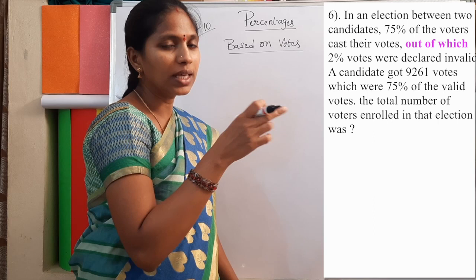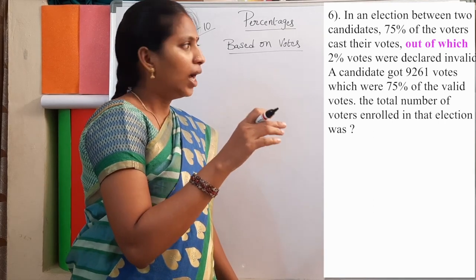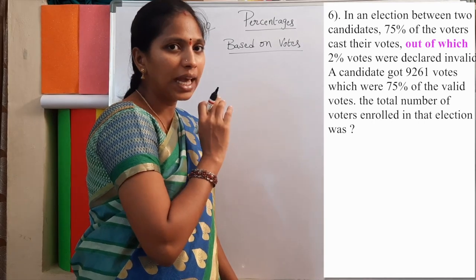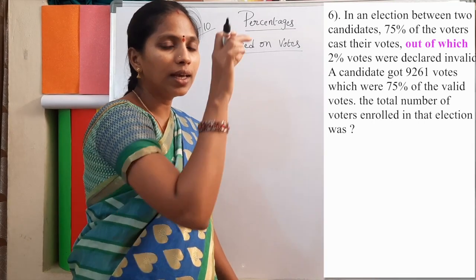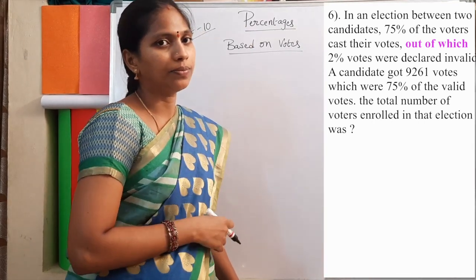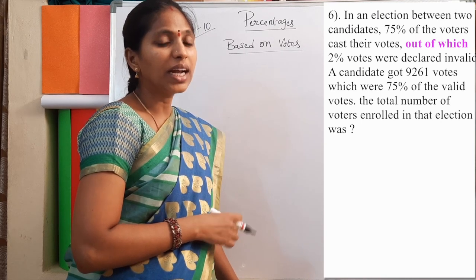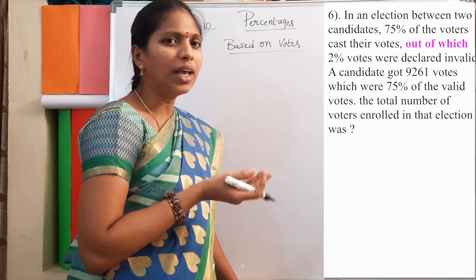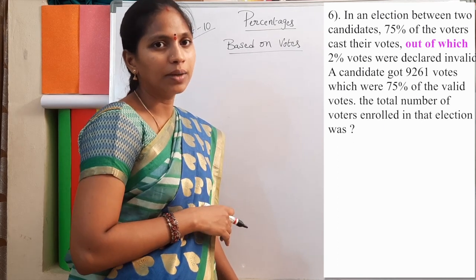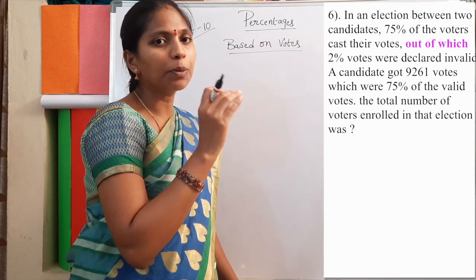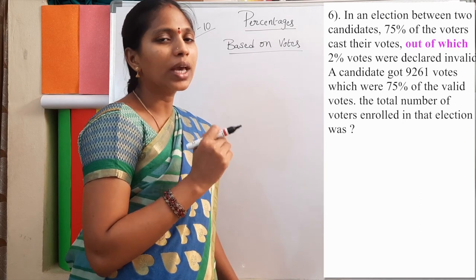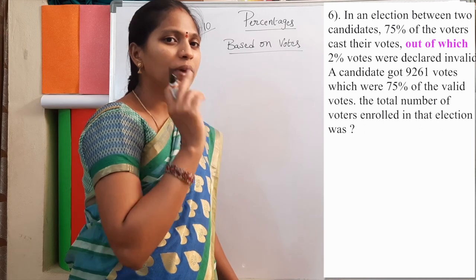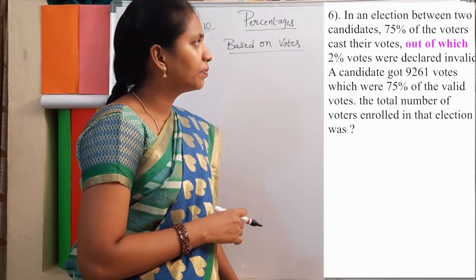See the words out of which. If you read the words out of which in any question, take the initial value as X. That is very easy to calculate. You can take 100 or 100%, but if you take X, that method is very easy. You can solve within seconds. Otherwise, those methods take some time.